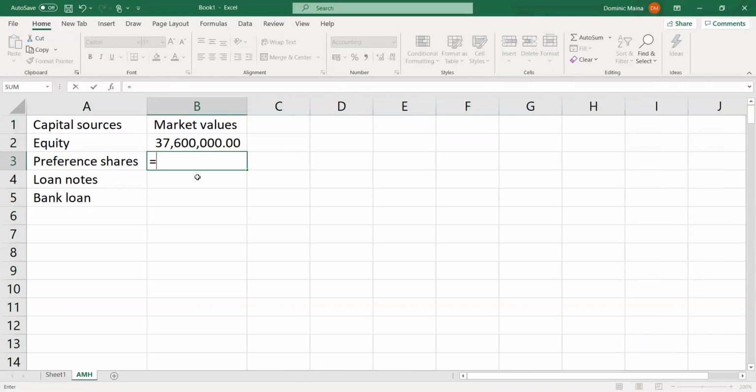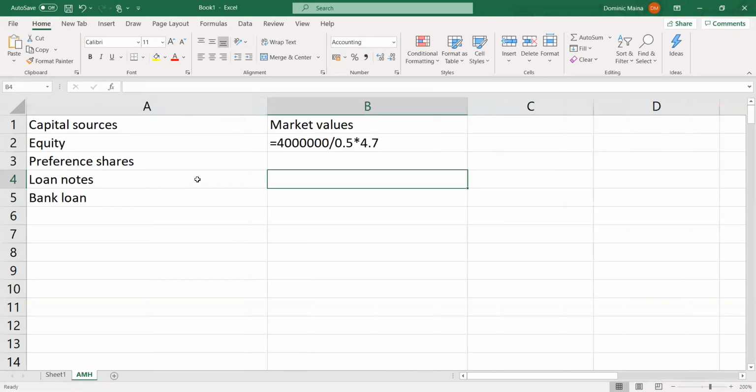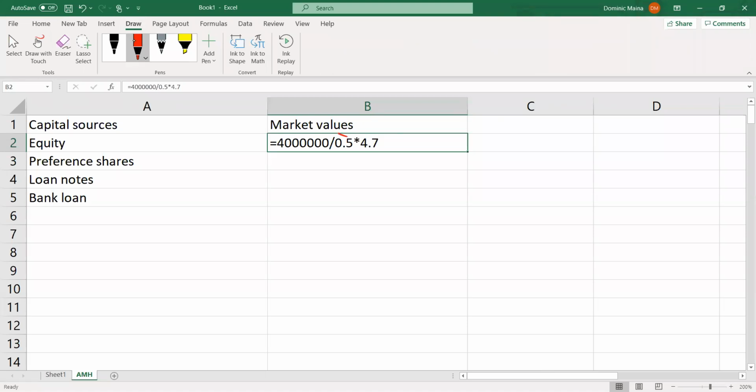Just for the sake of the working, to show you how we got it: 4 million divided by 0.5, that is the nominal value per share, times 4.7, that is the market value per equity share. The first component gives us the number of issued shares, and we multiply by the market value per share, which is 4.7.